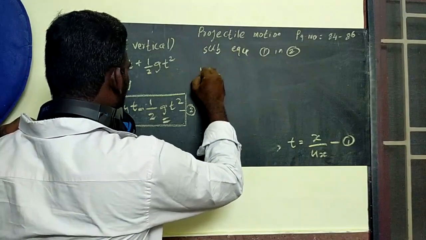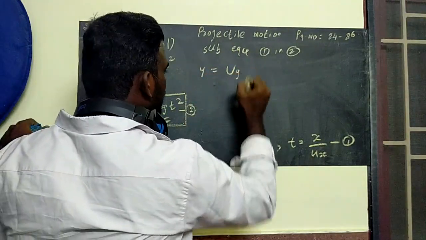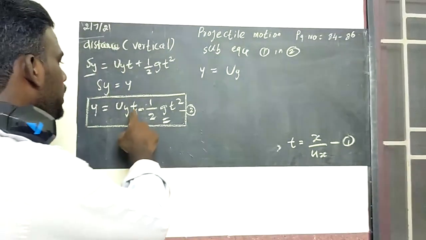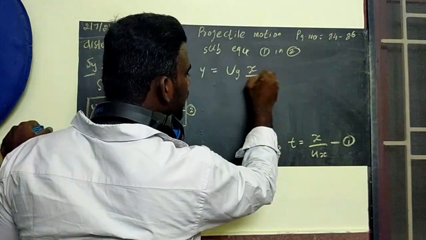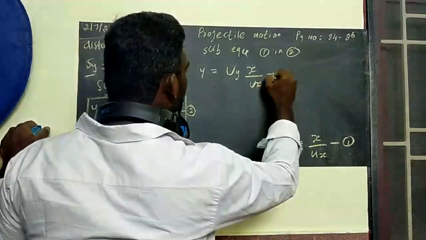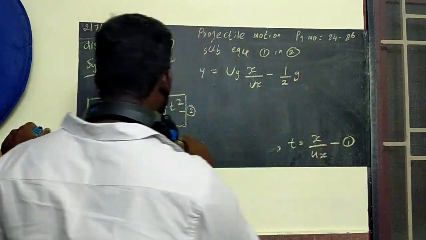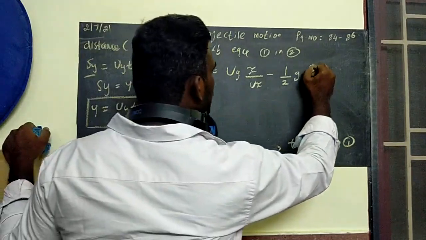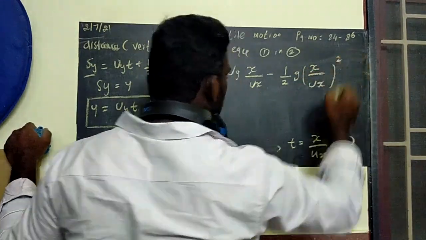So from this, y equal to, in place of uy, I can put uy. Is that clear? So in place of t, I can put what? That is x by ux, x by ux, minus 1 by 2 g, in place of t square, x divided by ux whole square.